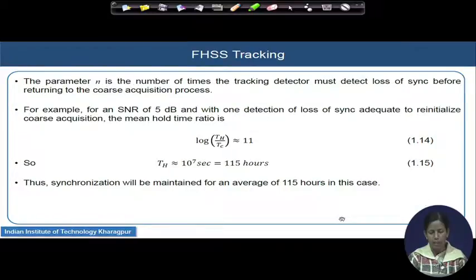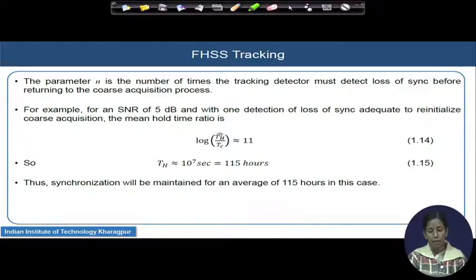If I take an example, suppose it is practically found, and also through experiment, that for an SNR of say 5 dB, with one detection of the loss of the sync adequate to reinitialize the coarse acquisition, the log value of the mean hold time corresponding to the TC time ratio can be approximately 11, which leads us to the whole time being 115 hours.